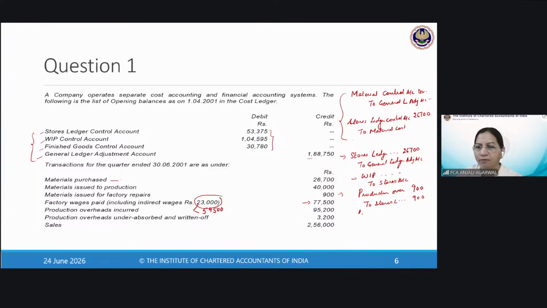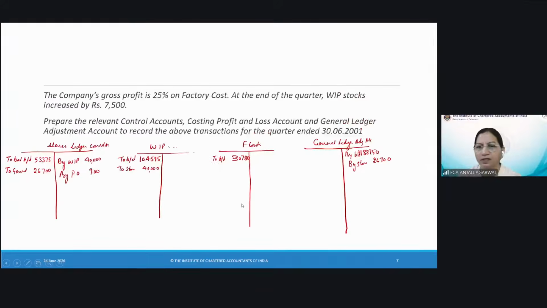So your entry would be first wages control account debit to general ledger adjustment account for the expenses incurred for 77,500. Out of this, 54,500 will move to WIP and 23,000 will move to production overheads.